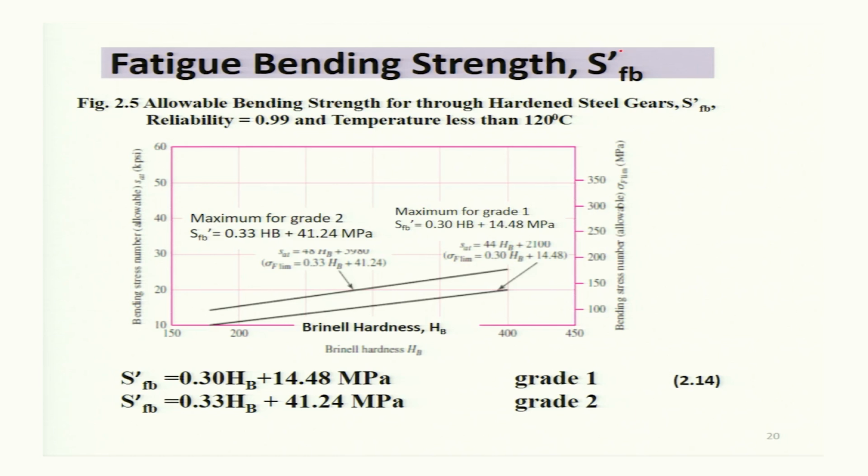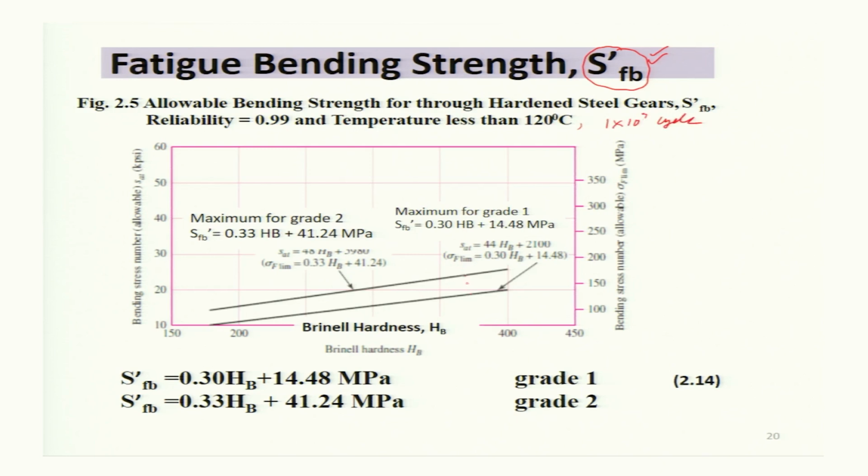Now, the fatigue bending strength from the literature is obtained, and in the literature different curves and graphs are given, okay, and tables are given. So, this is particularly for giving you the allowable bending strength for through hardened steel gear, reliability 99%, temperature this one, and life equal to 1 into 10 to the power 7 cycles.